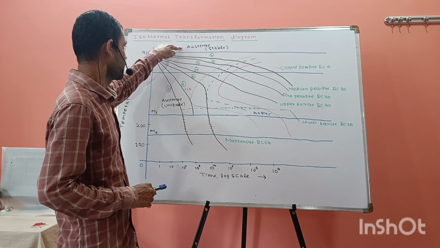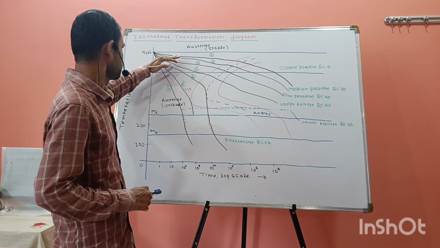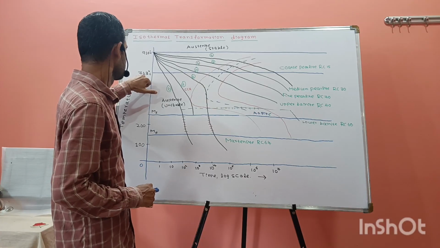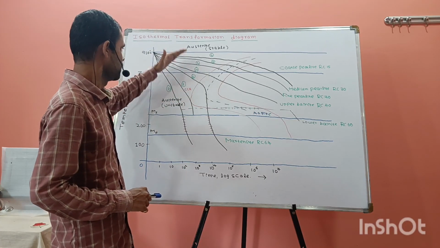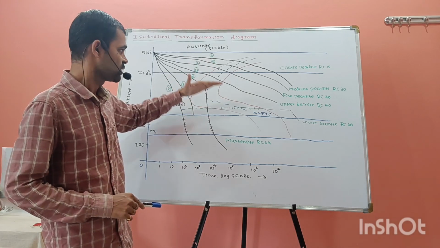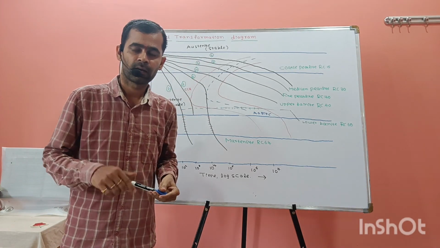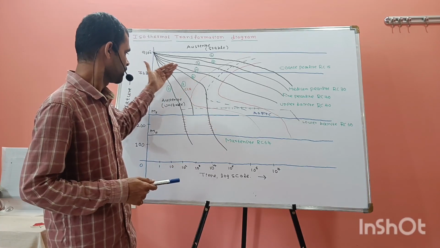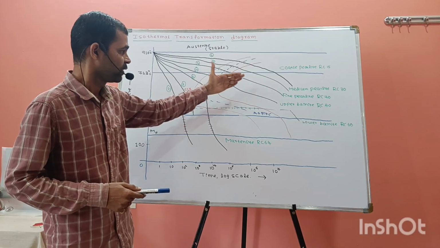Here austenite is in the stable form above the temperatures 723 degrees Celsius and 910 degrees Celsius, and it is stable above the austenitising temperature. When it is rapidly cooled, the austenite will transform to either cementite or ferrite or different phases.